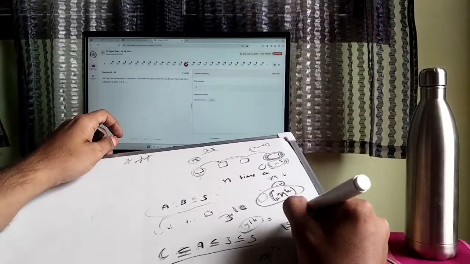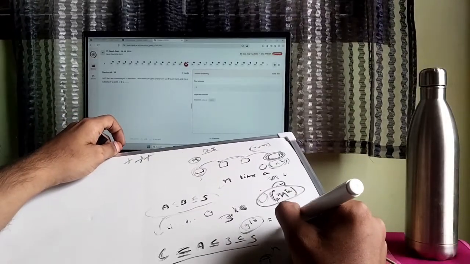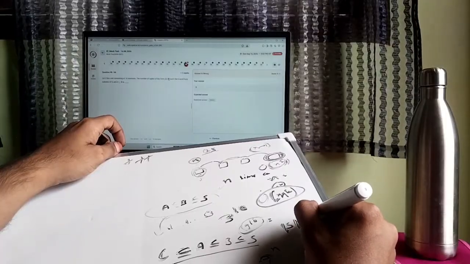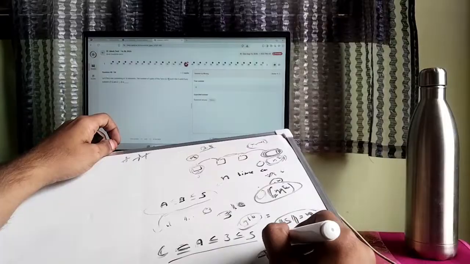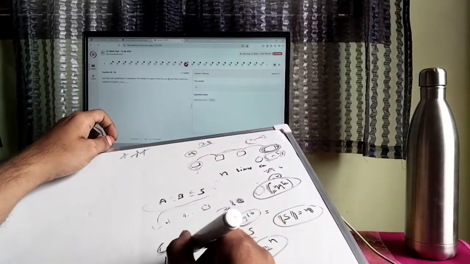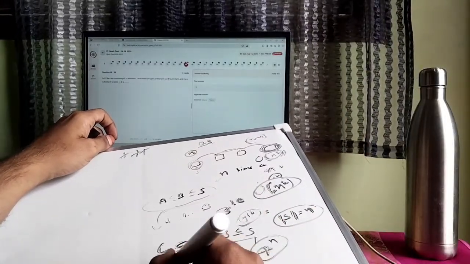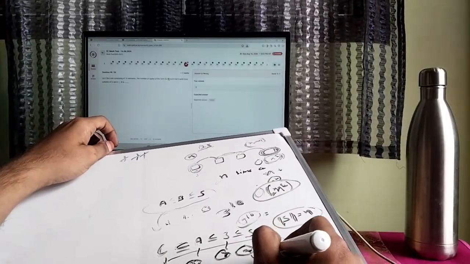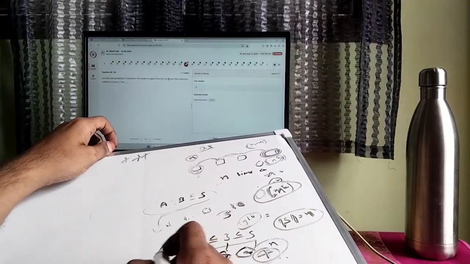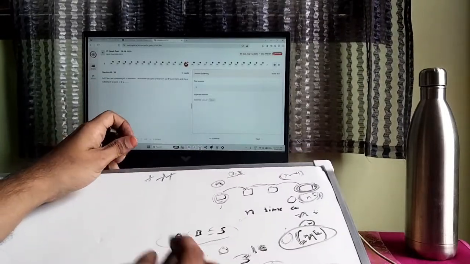Suppose n is the number of elements the set contains. If this set contains n elements, we're going to do 4 power n. Why? Because we have 4 choices: 1, 2, 3, 4. So like this, we have to do it. It will work for all. Okay, fine.